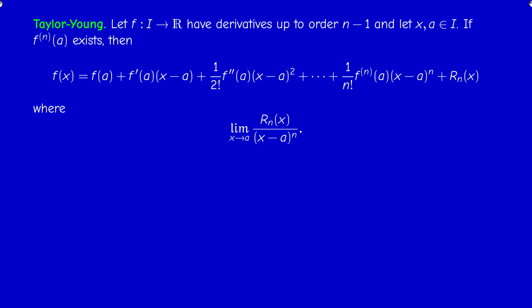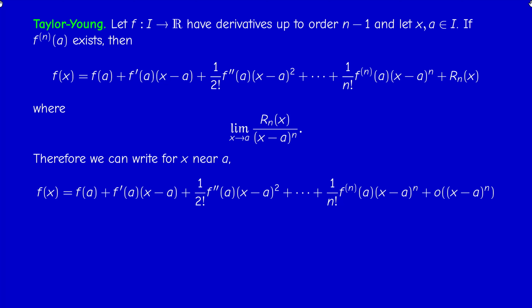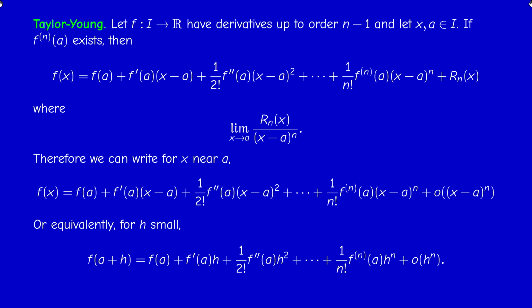Then we can write f of x as a polynomial of order n, as you know, plus a remainder, where the remainder is a small o of the distance between x and a to the power n. We can write this in other forms if you like, as a polynomial in x minus a or as a polynomial in h. You choose the form that you like, but all these are equivalent.